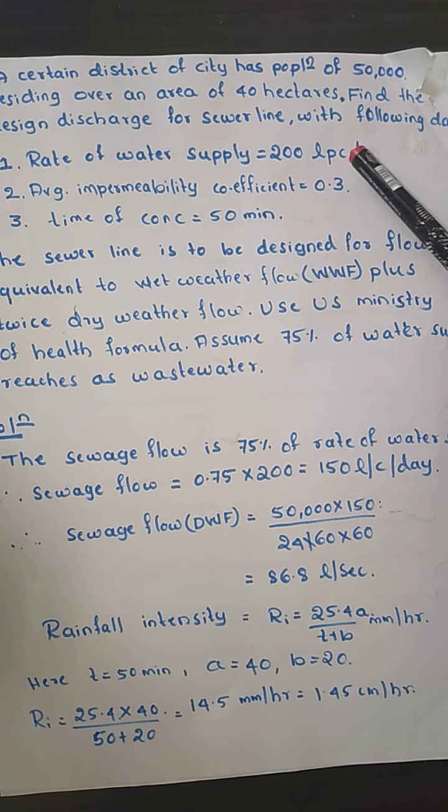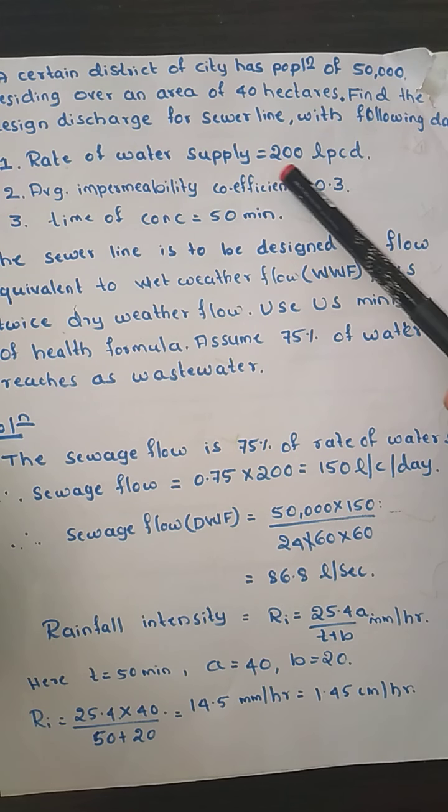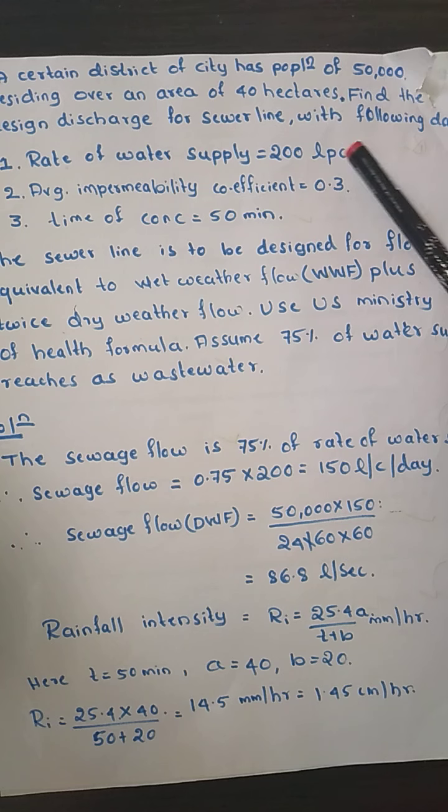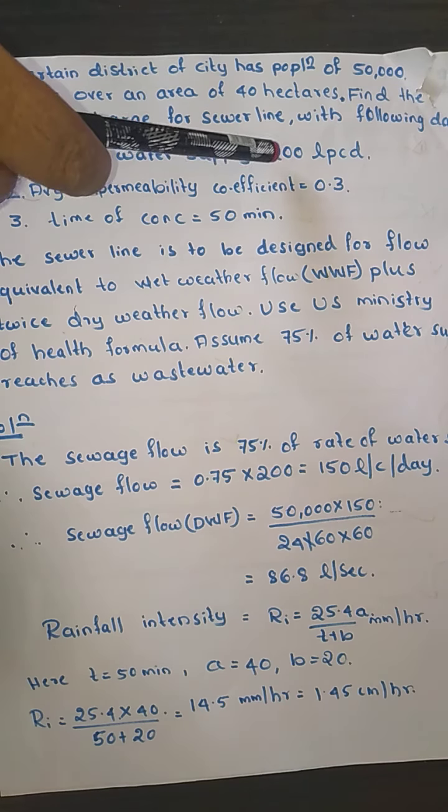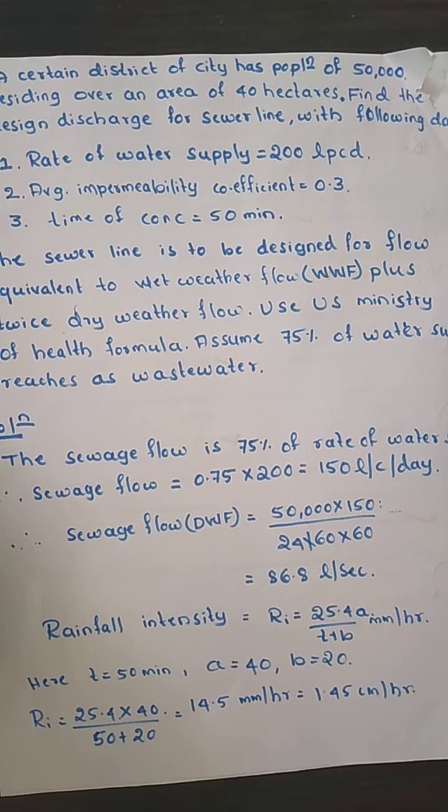One person of that particular city is going to consume around 200 liters of water for a day. The average impermeability coefficient, which depends on the different surfaces, is 0.3. Then the time of concentration is how much?